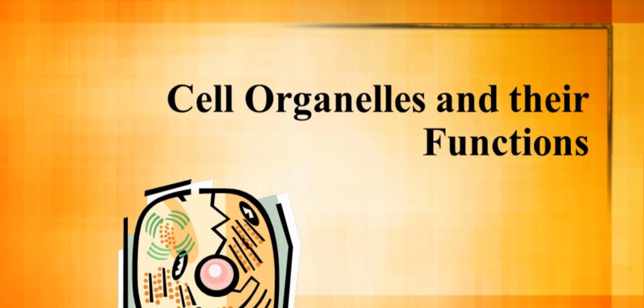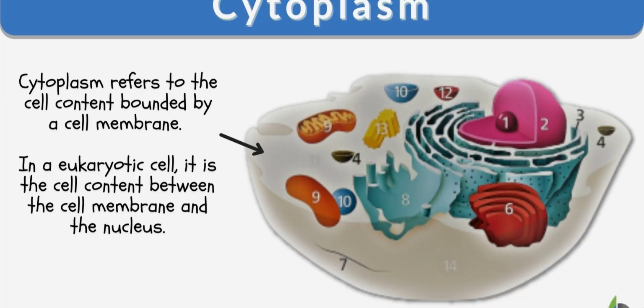What is cytoplasm? Cytoplasm is a thick jelly-like structure. It provides shape to the cell. It means that different shapes of cells are due to different shapes of cytoplasm. All the cellular functions or cellular reactions take place in the cytoplasm.